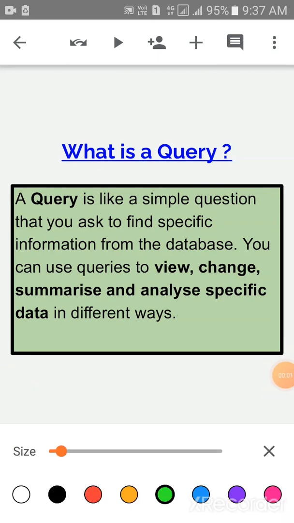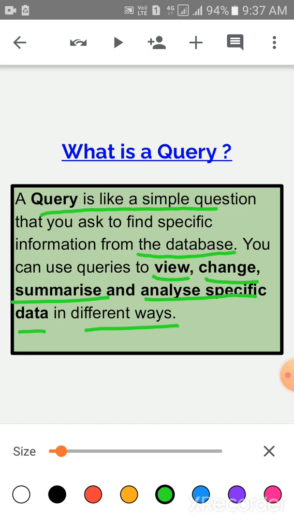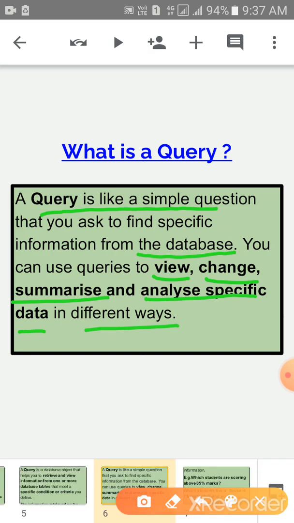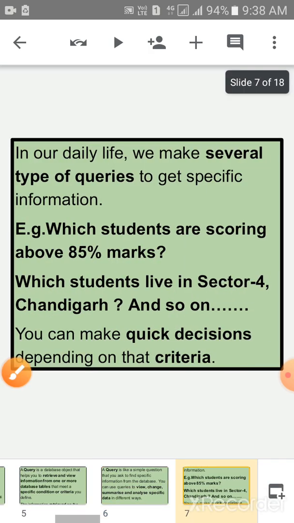Now children, what is a query? Children, a query is like a simple question that you ask to find specific information from the database. Children, you can use queries to view, change, summarize and analyze specific data in different ways. Okay children? Clear?